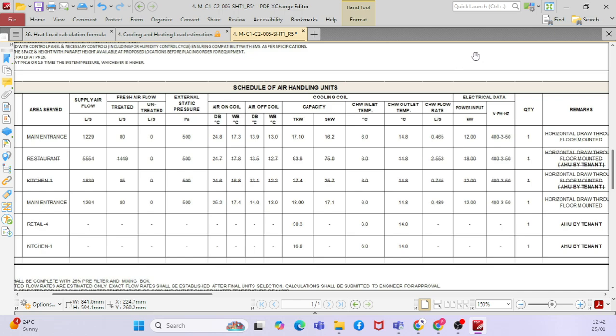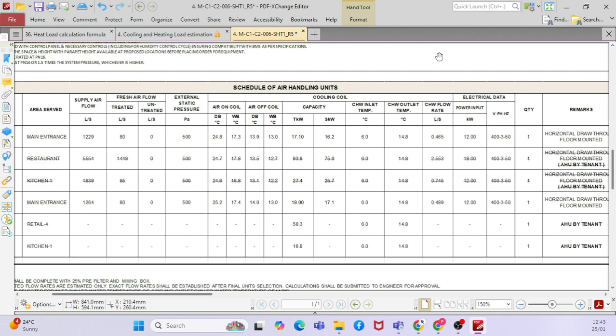Okay. So GPM divided by 15.85, you will get liters per second. Clear? Can you note down? GPM evaporator is nothing but TR multiplied by 24 divided by delta T. Delta T should be in Fahrenheit and the heat TR should be in tons.